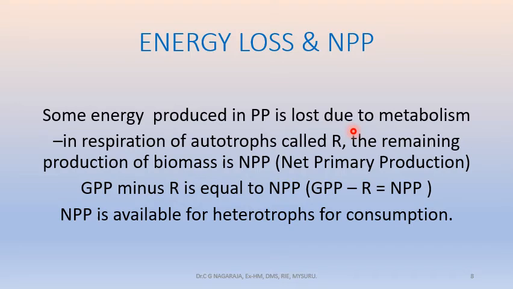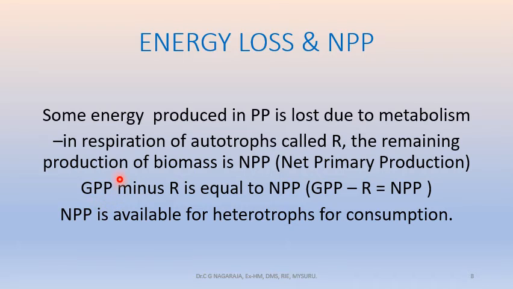During this particular process, some energy is lost. How much energy is lost can be calculated using certain formulae. And then whatever energy is left over after utilizing for respiration, that is called net primary production. So net primary production also refers to the amount of biomass that is available, that is stored in the plant.